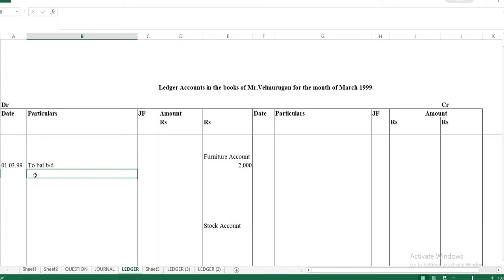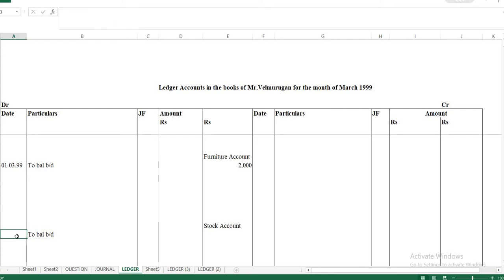Next, if you got stock, it means again a stock account has to be prepared. So if you see, stock is here. In the stock account again, to balance brought down.